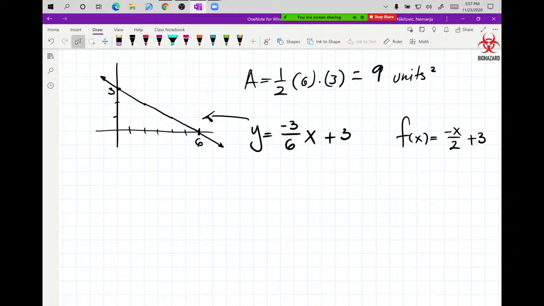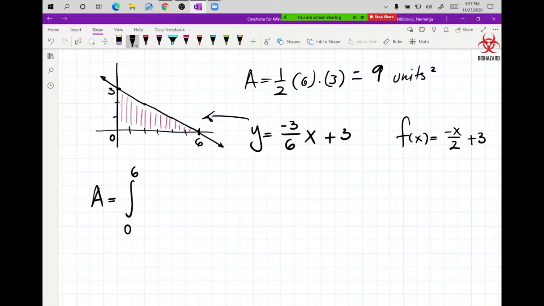So now your area calculated by the integral is going to be the area of the triangle, and you start at 0 and you end at 6. Those are your a and b values, because 0 is the most left you are, and 6 is the most right you are for this triangle.